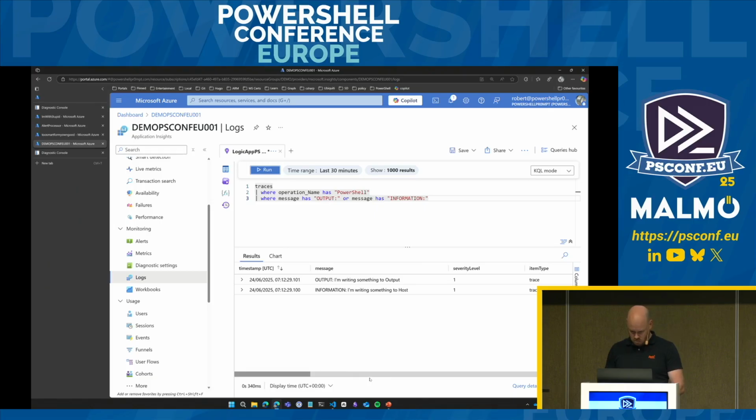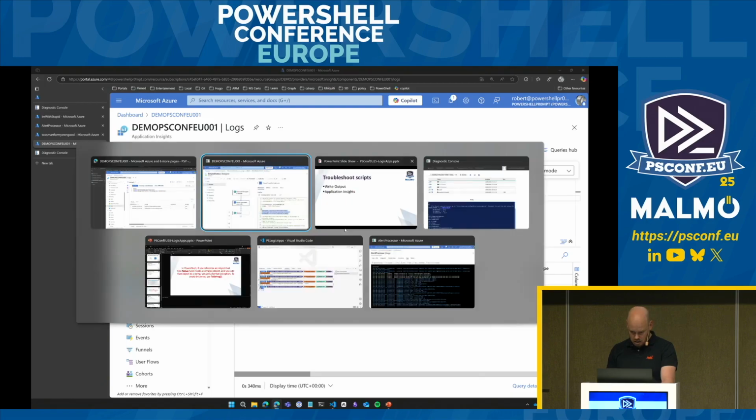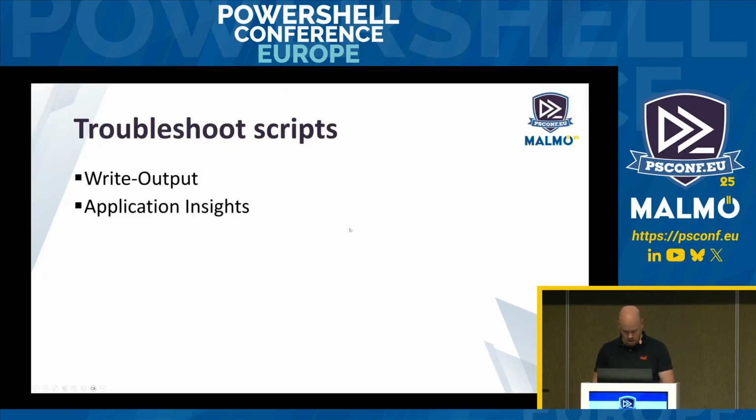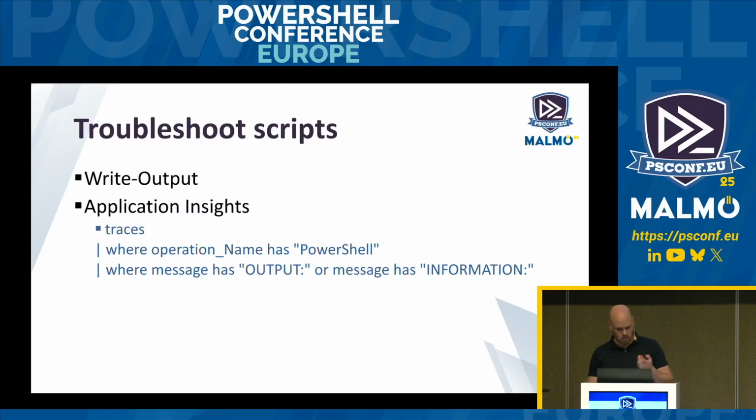Now, this is how you troubleshoot where things go right or wrong and to see what's going on. So make sure this is the trace or the KQL query you want to use to troubleshoot.